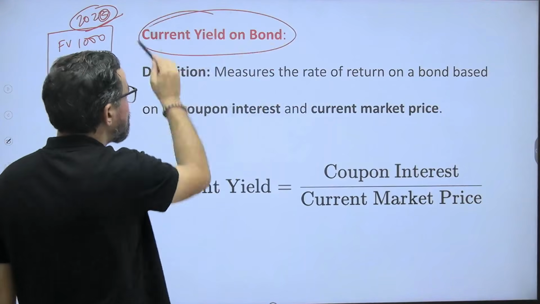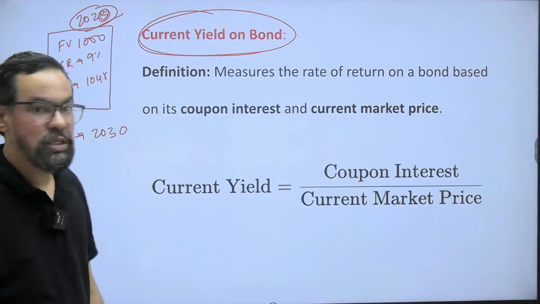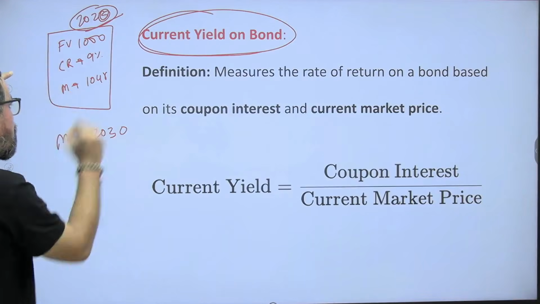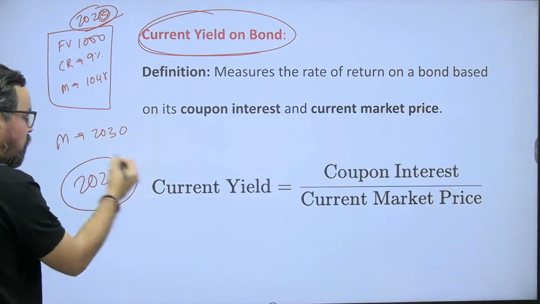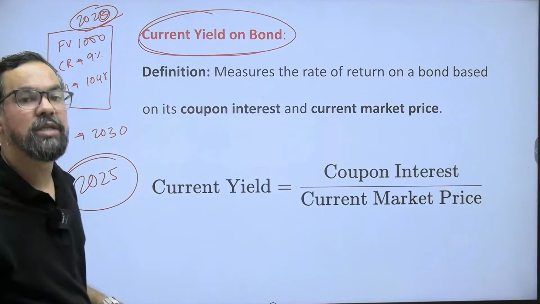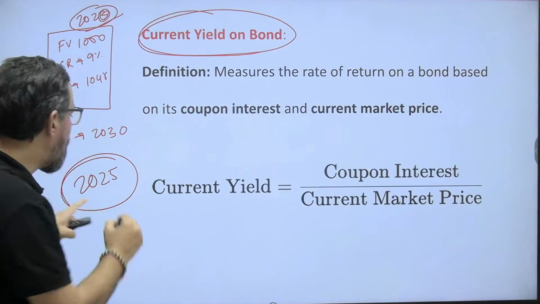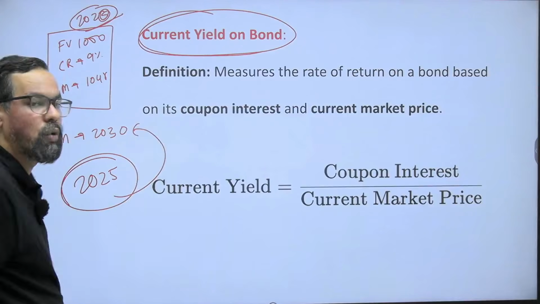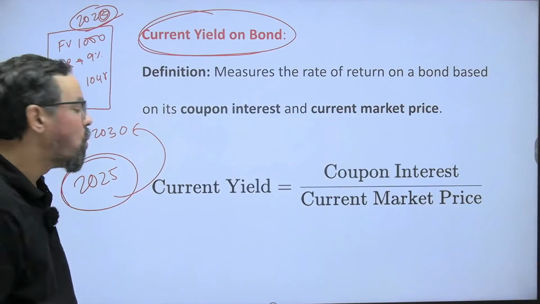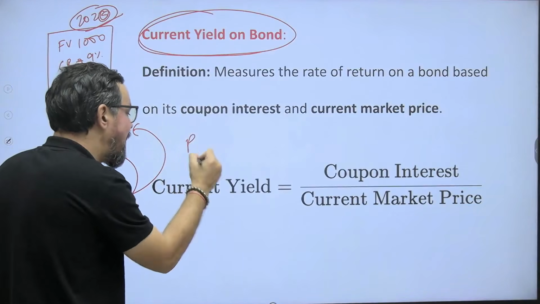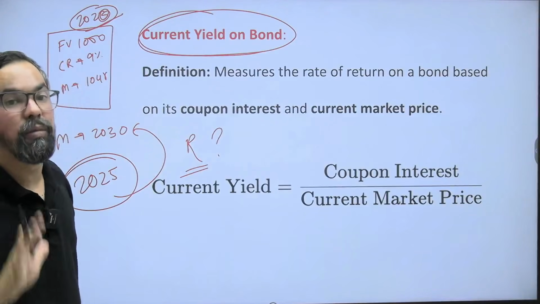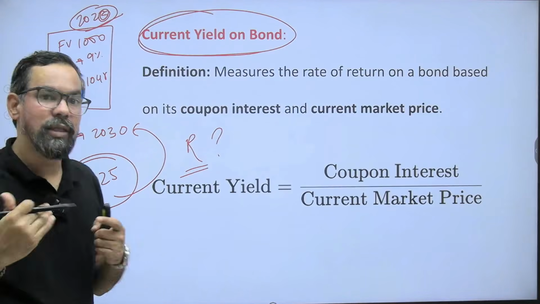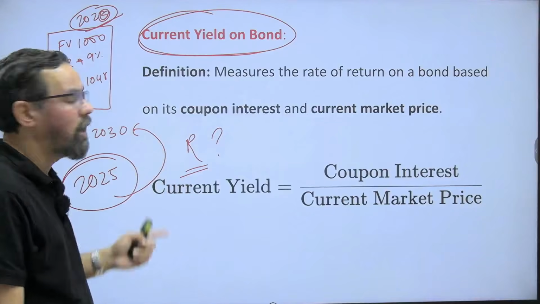The current yield on bonds: if you purchase this bond today and hold it till maturity, what return will you get, or what interest or coupon will you achieve from that bond? This is your current yield, right?